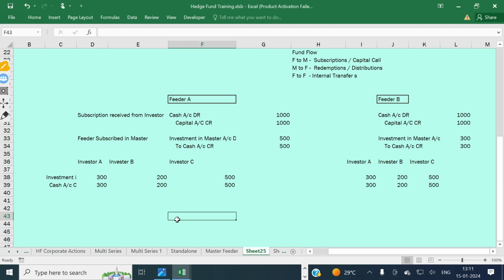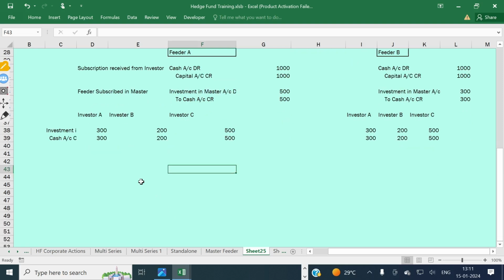Your NAV calculation, your expense allocation, booking of expenses in the books of feeder, booking of expenses in the books of master, allocation of management fees. So sometimes you would say split of management fees. Let's say 2% is the management fees, right? 2% management fees, correct? But that 2% you would say split between master and feeder.